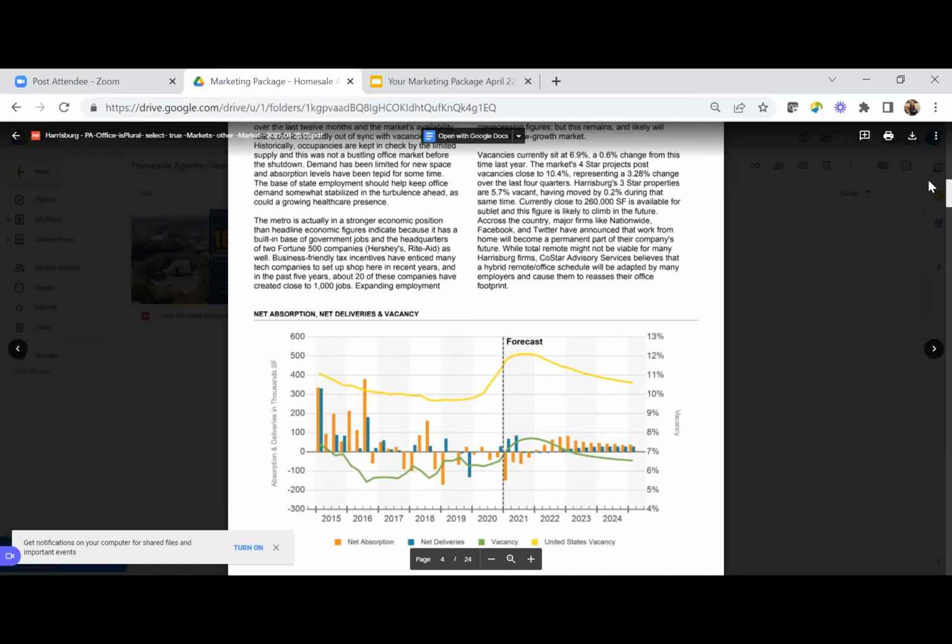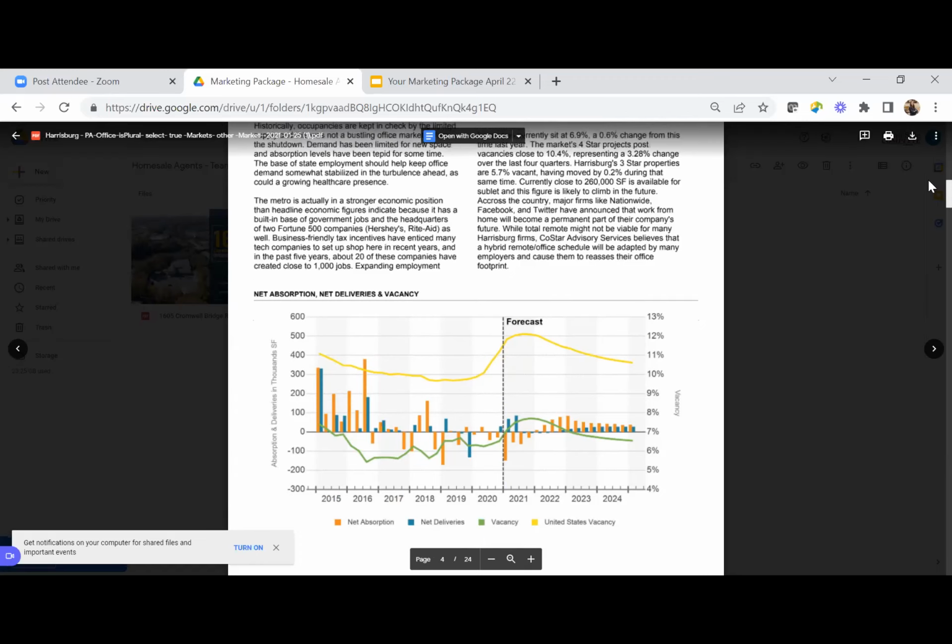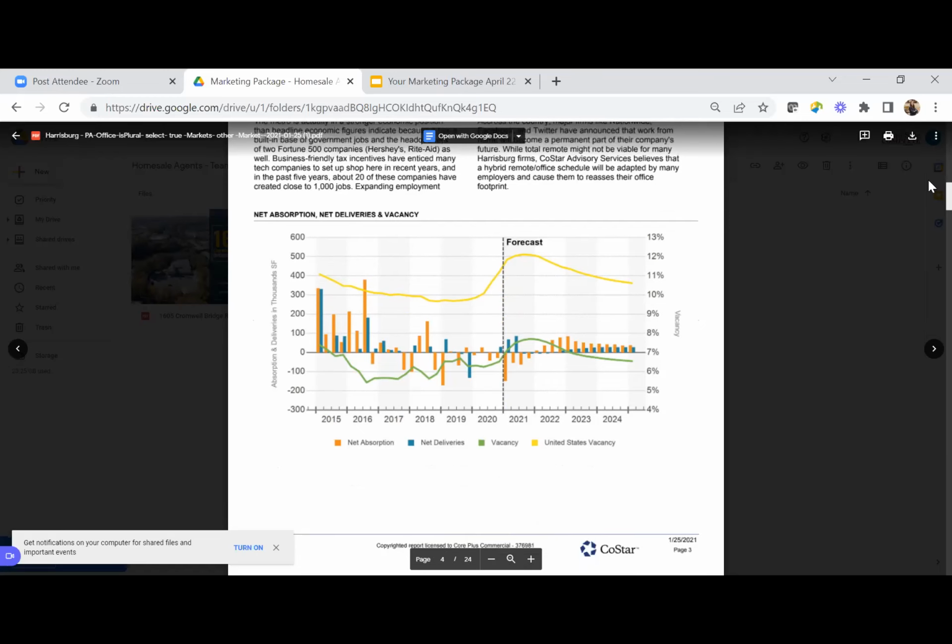I think this report is dated January 25, 2021. So that was kind of right when everyone was trying to figure out what's going on after the lockdown. How is it affecting everything?